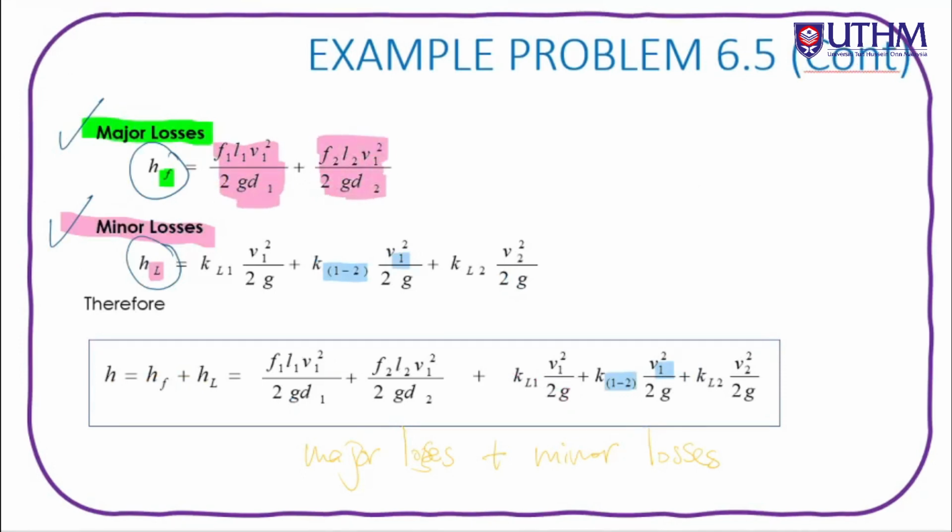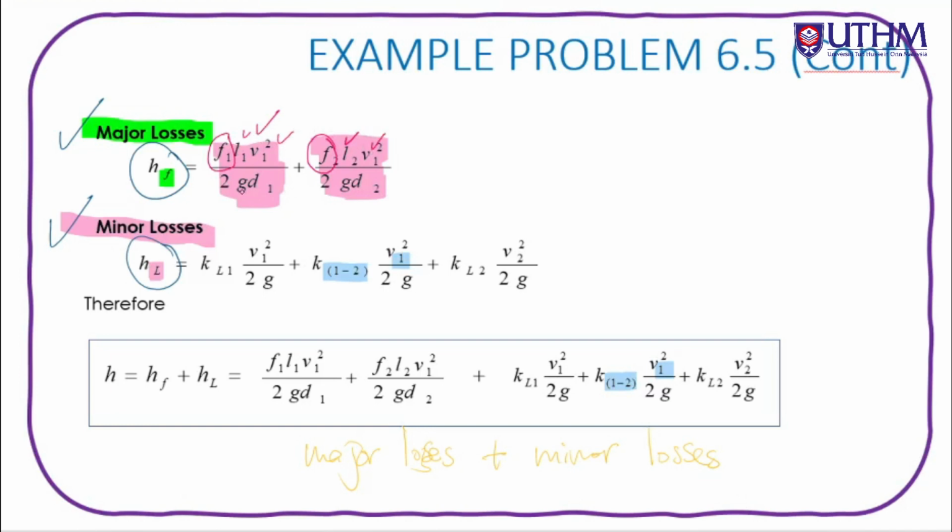For major losses we use this equation. Remember? It has the friction factor here, then the length of the pipe itself, and V is the velocity.